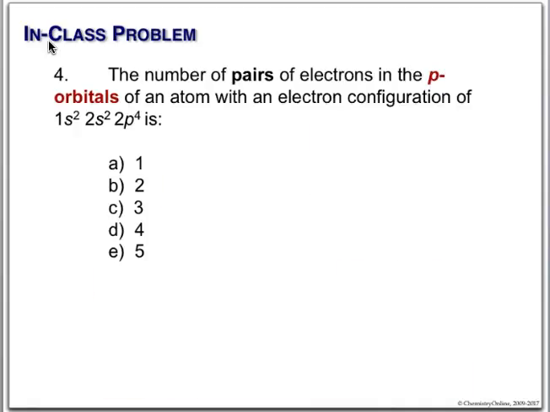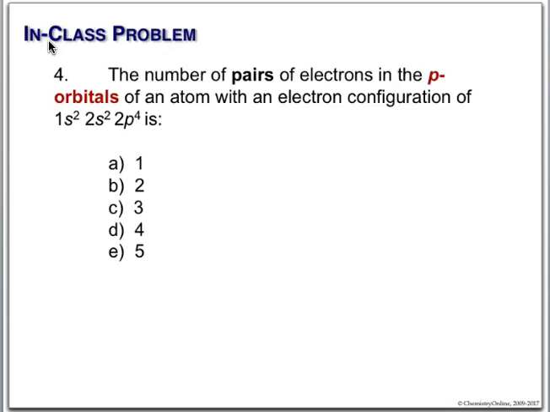How many pairs of electrons in p orbitals if we have a configuration of 1s2, 2s2, 2p4? Remember, we have 3 p orbitals. We put electrons in them one at a time, and then we pair them.